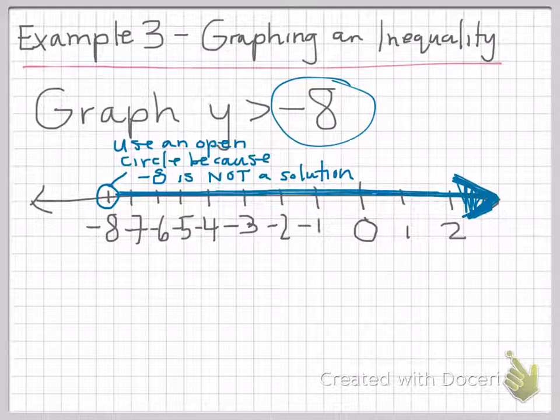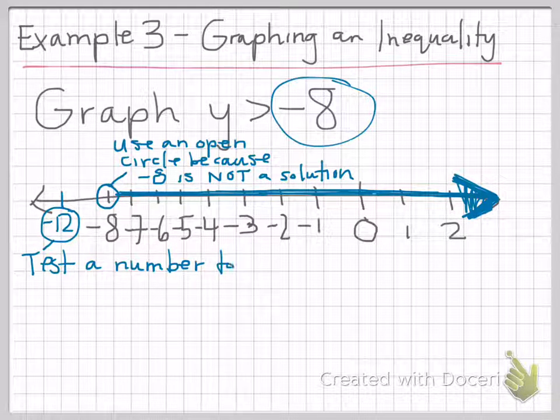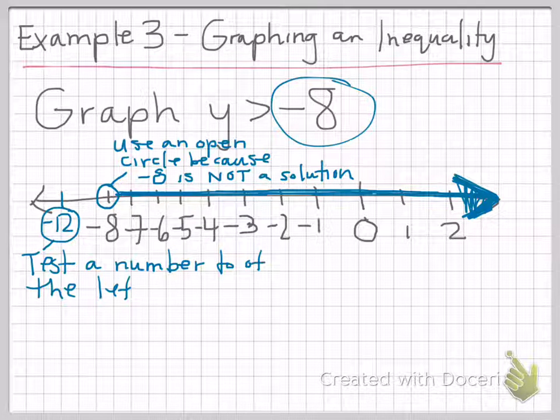And so a way that you can test it is you would take a number over here. Let's say it's -12. Yes, please write this: test a number to the left of -8 and see if that's true.